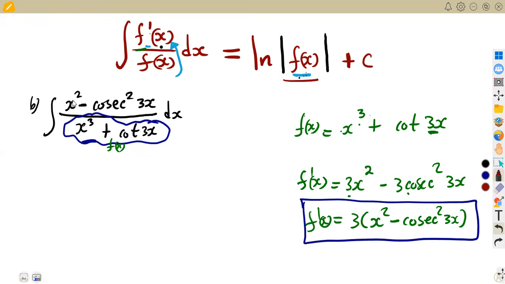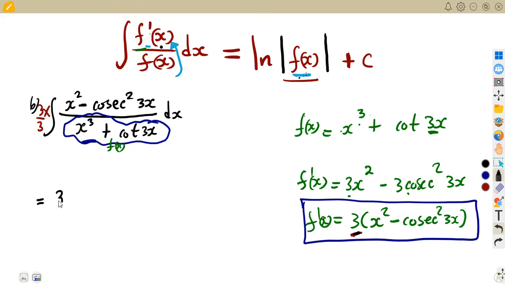But if we check our numerator here, we do not have it exactly this way, because of this 3 that is missing. So how do we bring in this 3? Simply multiply by 3 over 3, and take this 3 inside to multiply on top so that you obtain exactly the derivative that we obtained.